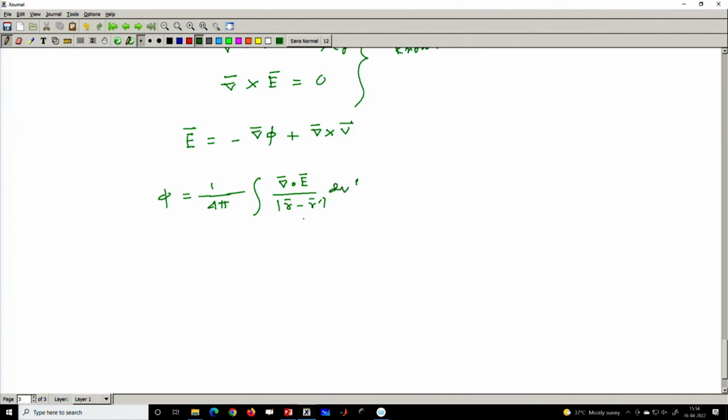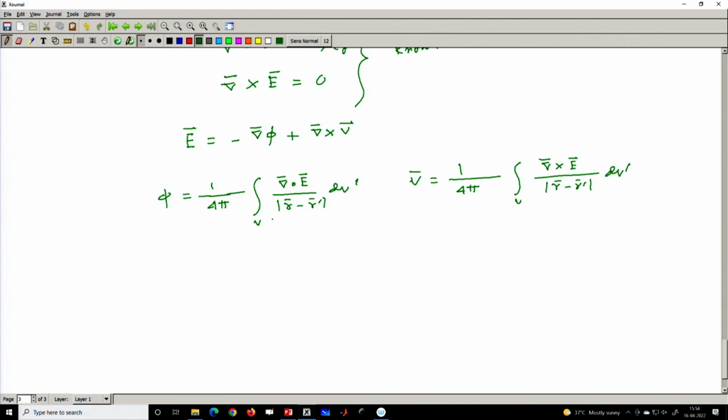That should be my phi. And what is my V according to the Helmholtz theorem? My V should be 1 divided by 4 pi and integration of whatever the curl I am having at r prime, divided by the modulus of r minus r prime, and then dv prime.